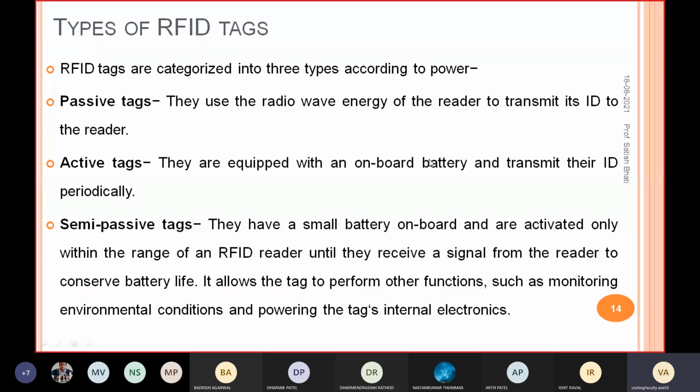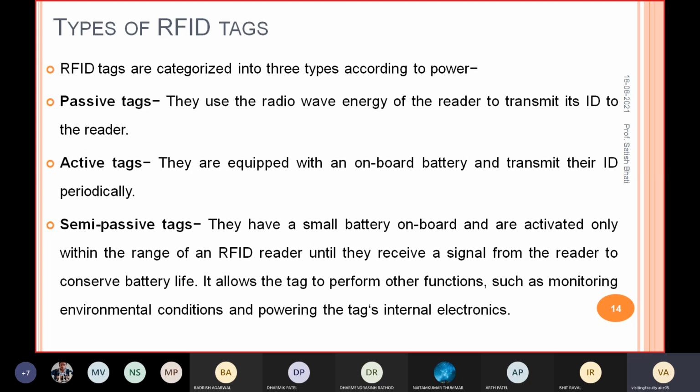So what is the passive tag? If the tag uses the radio wave energy of the reader to transmit its data to the reader, then it's known as a passive tag. So passive tag means what? It does not have any battery, right?